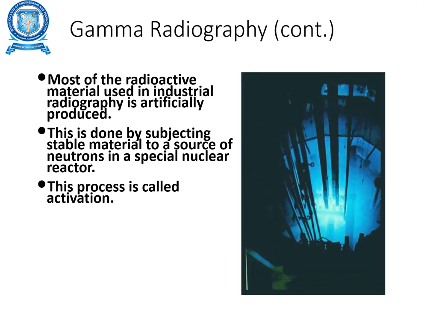Most of the radioactive material used in industrial radiography is produced artificially, and this can be done by subjecting stable material to a source of neutrons in a special nuclear reactor, and this process is called activation.